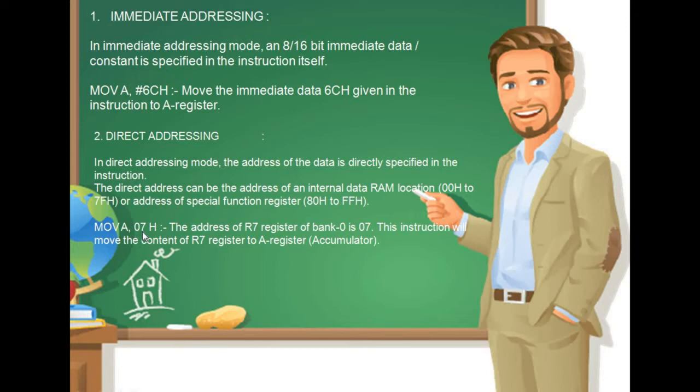As we all know, the memory of 8051 is divided into register banks: register bank 0, register bank 1, 2 and 3. In each register bank we have 8 locations. Here it is R7 of bank 0, that means the first register bank, and we are copying the contents of that register to register A.